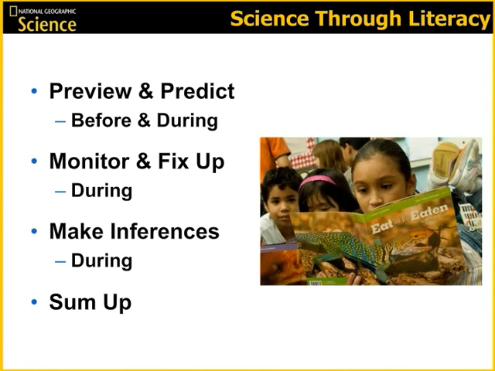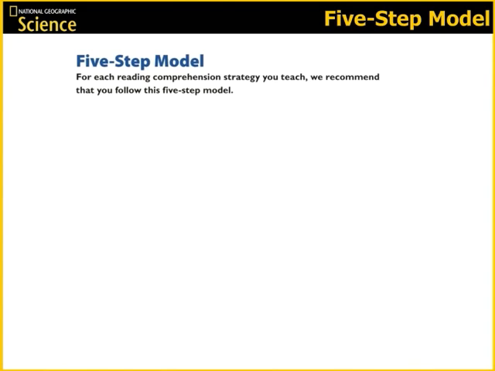During reading, students may also make inferences by using what they know to figure out what is not said or shown directly. And after reading, students sum up what they've learned by pulling together the text big ideas.